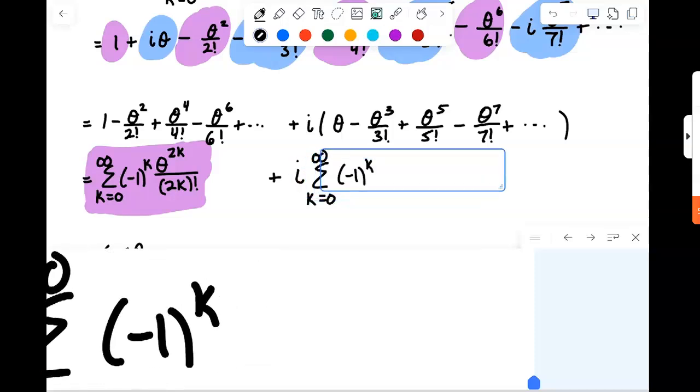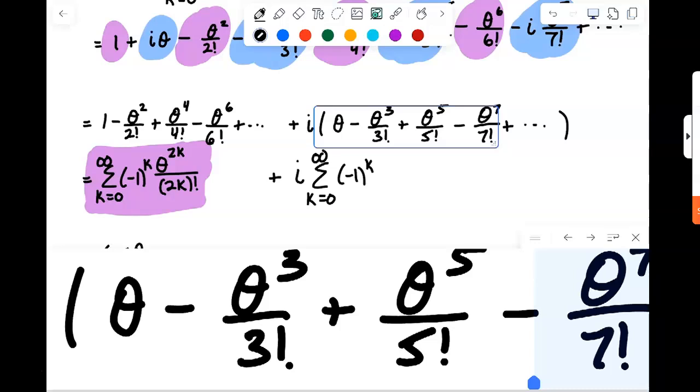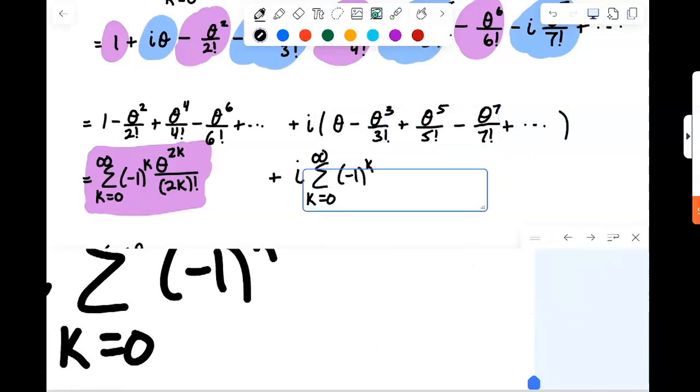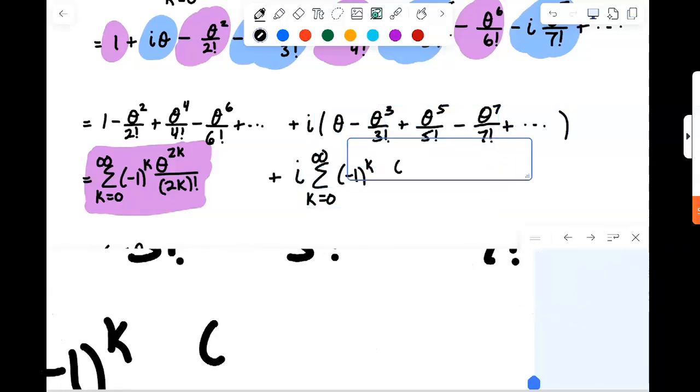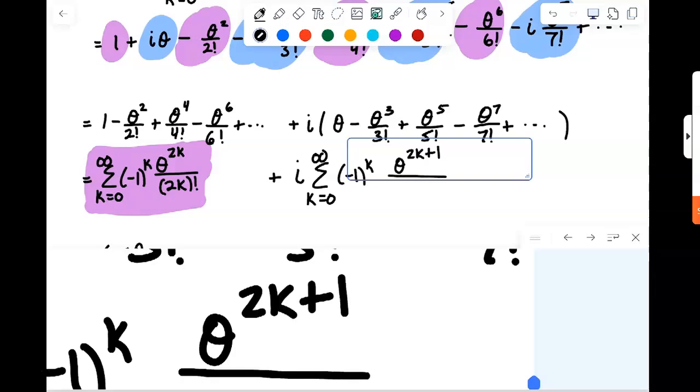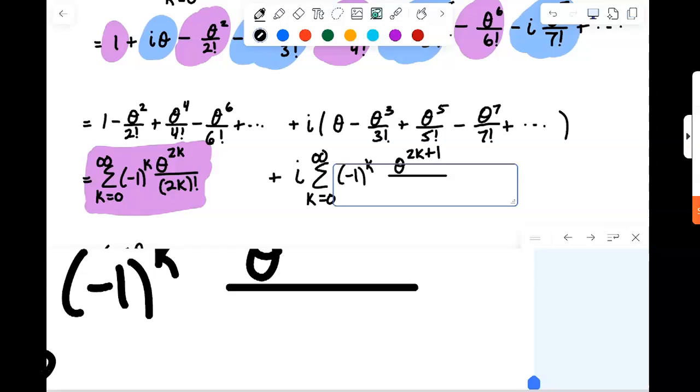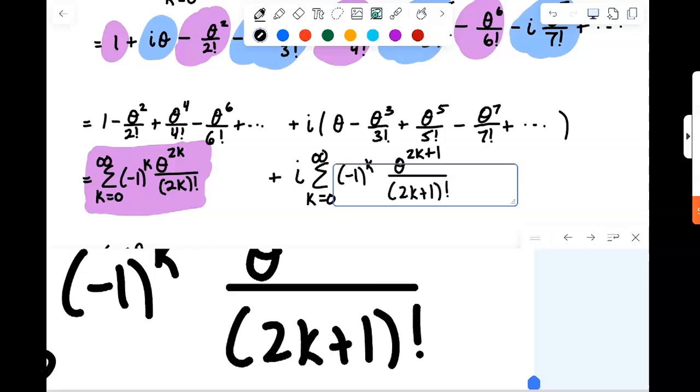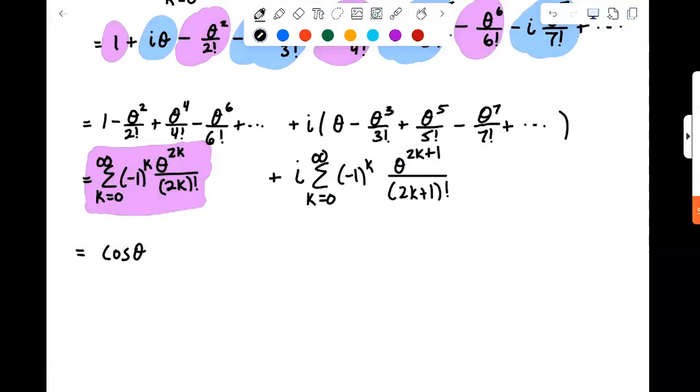And then theta is raised now to odd powers. Remember, if it starts at 0, the odd powers would be to the 2k plus 1, and of course the same thing for the denominator, 2k plus 1 factorial.